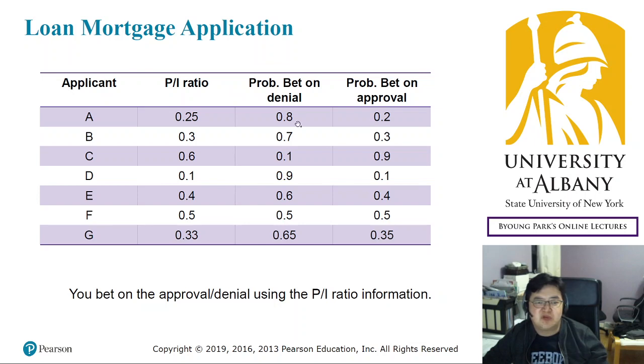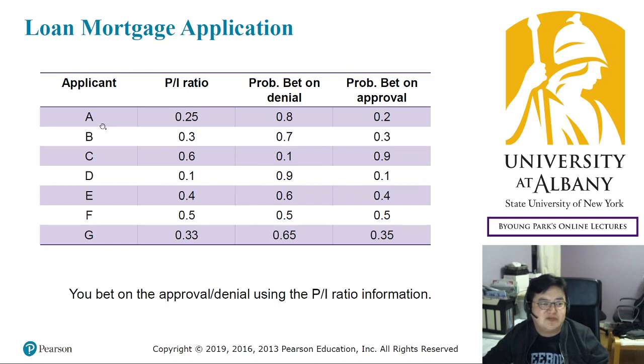So you put probability on denial and approval. But you may utilize the information about the payment-to-income ratio, the PI ratio, which is available to you, so that you can determine the probability more carefully.